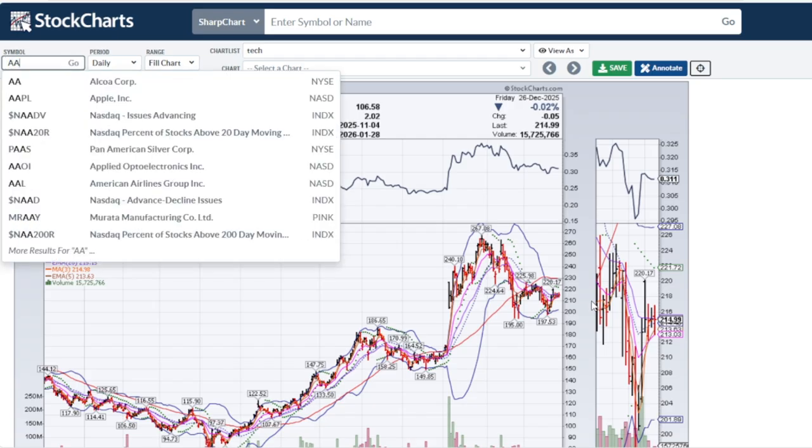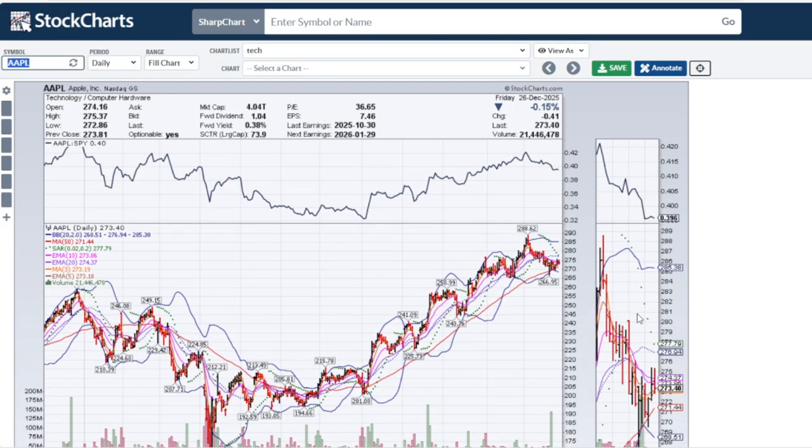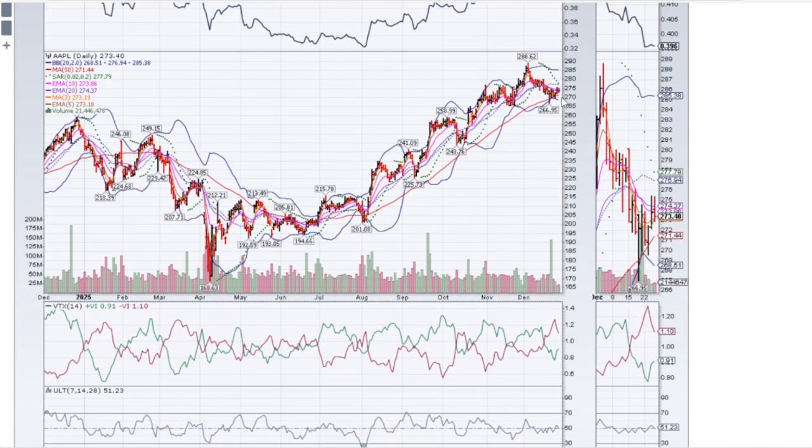Let's take a look at Apple. Apple, you guys, come on. Apple right now is sitting at 273, and has a chance to start a parabolic bullish trend. All it has to do is hit maybe 276, which we could clip on Monday, and the parabolic bullish trend would start.